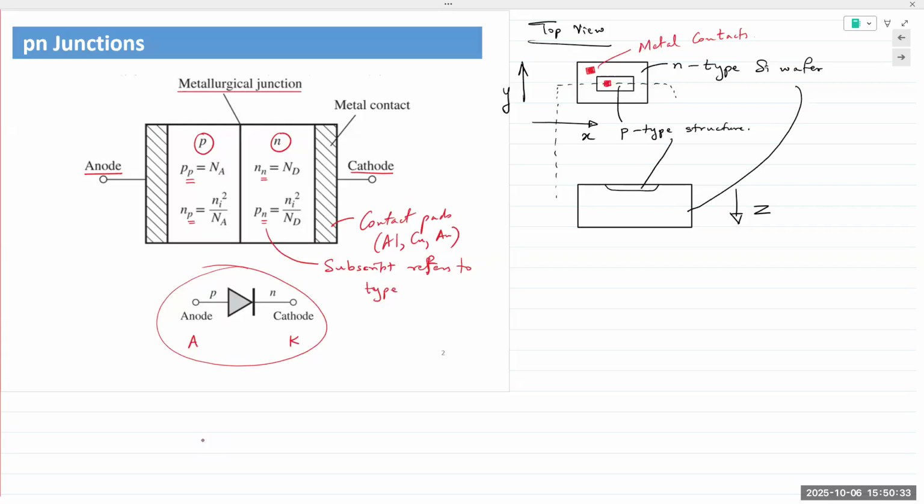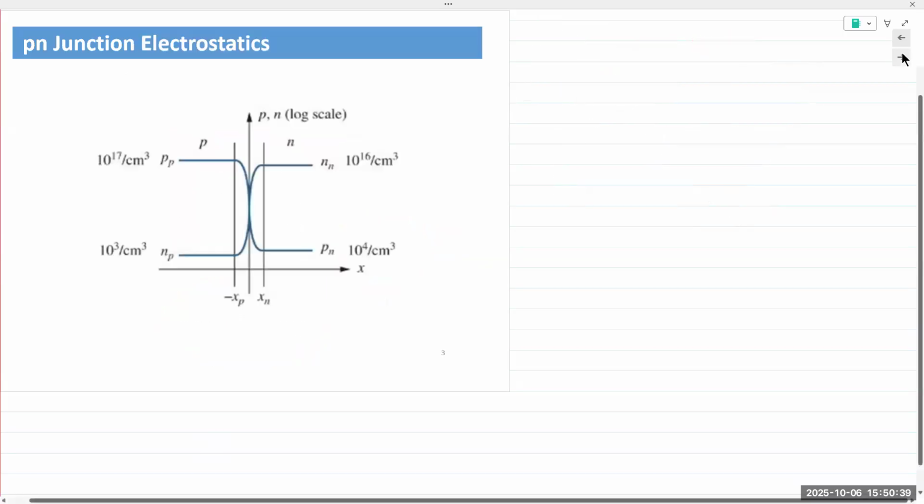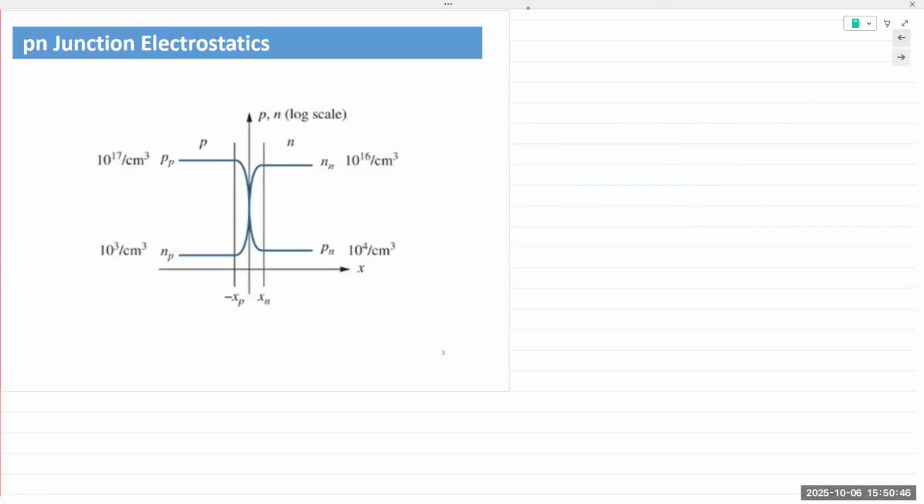All right, so what happens? What exactly is going on at this junction? So we'll go a little bit into electrostatics to look at the device physics, okay? So let's say we have a structure with p on the left, n-type on the right.